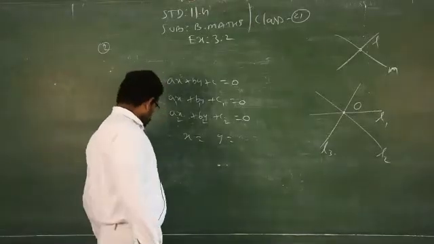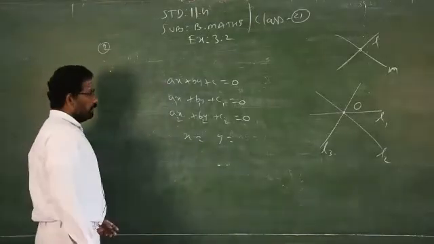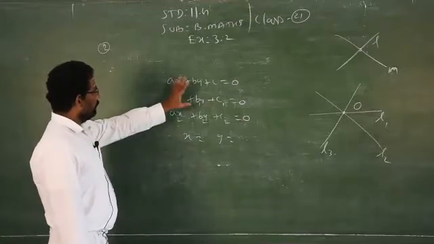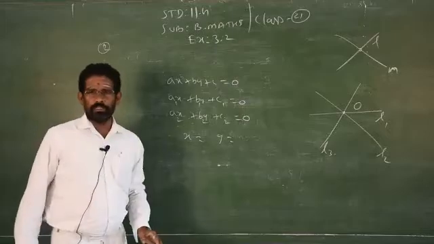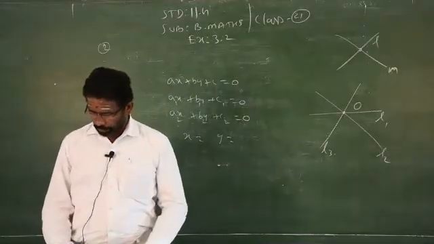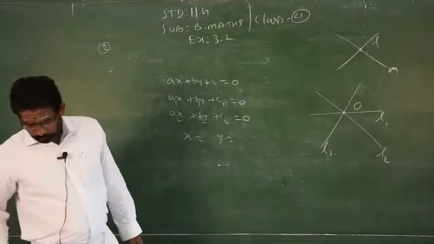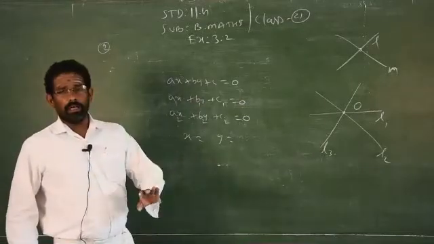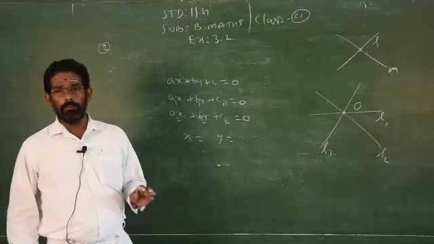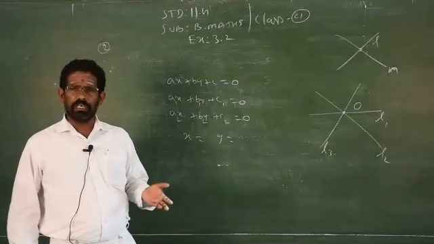But we studied already in the first chapter that an algebraic equation can be represented in terms of matrices. So algebraic equations can also be written in the form of a matrix, which we studied in chapter number 1.